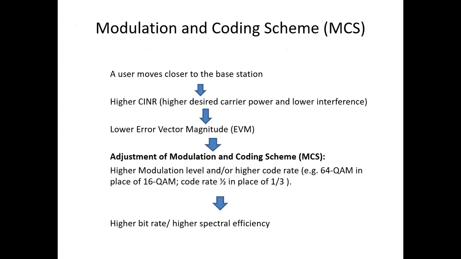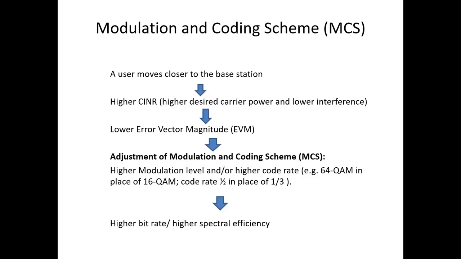So your interference will be lower. You are getting closer to your serving base station, so your C will improve, your I will reduce. So your CINR will improve.